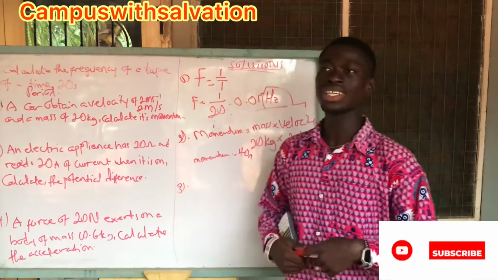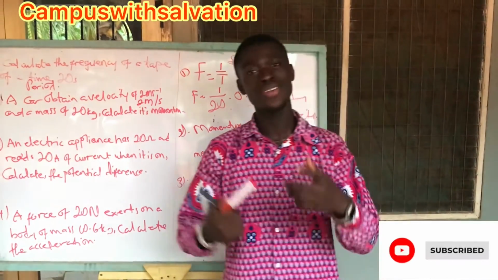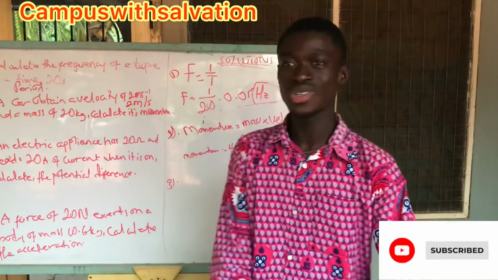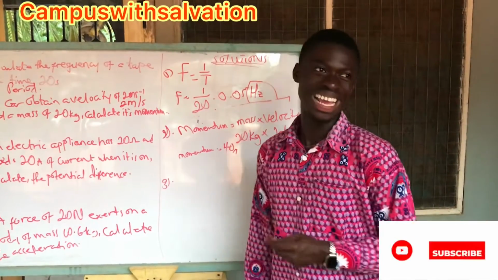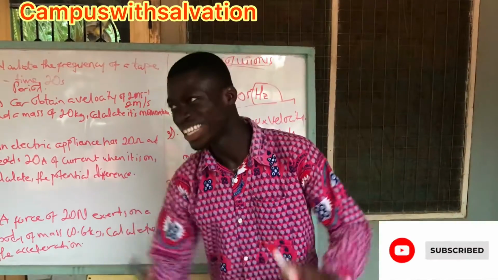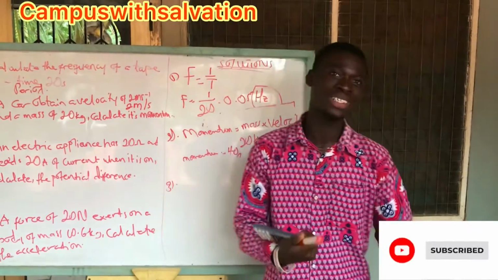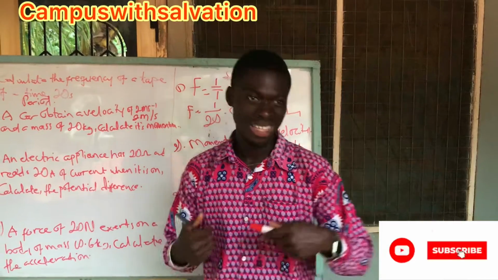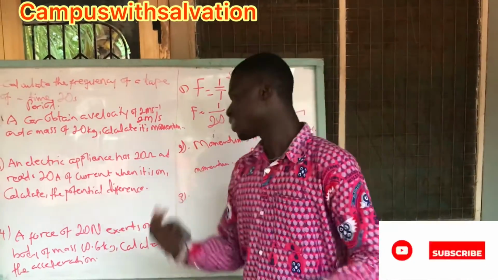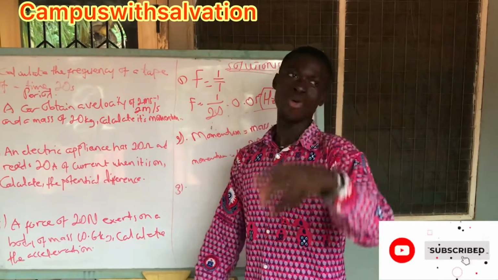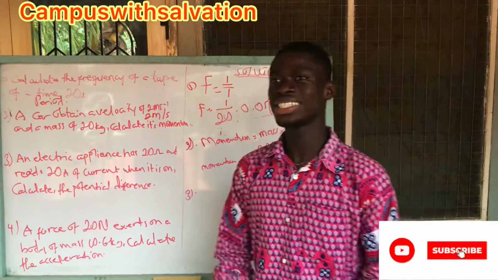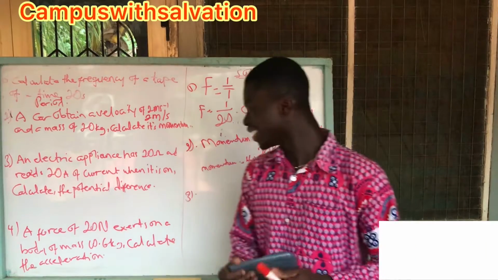So when the question says calculate the potential difference or calculate the voltage, they are all the same. Don't say that the teacher taught us only voltage, or only potential difference. You need to read more and do more research. That's the duty of a student.